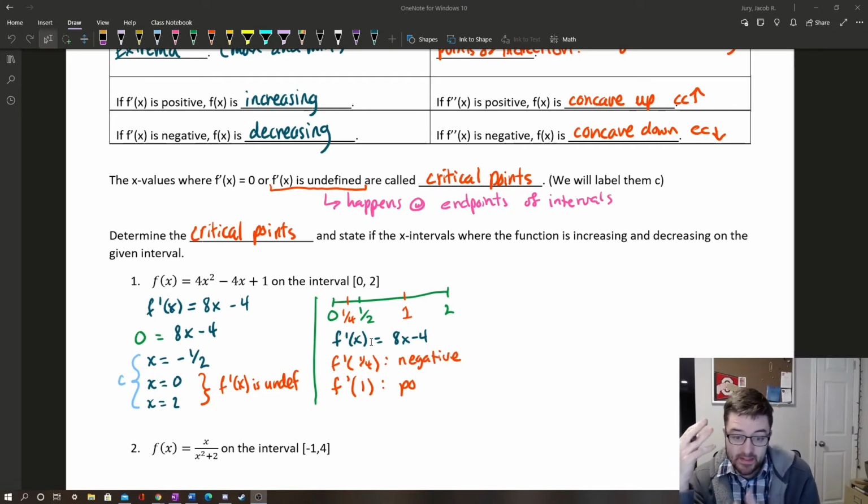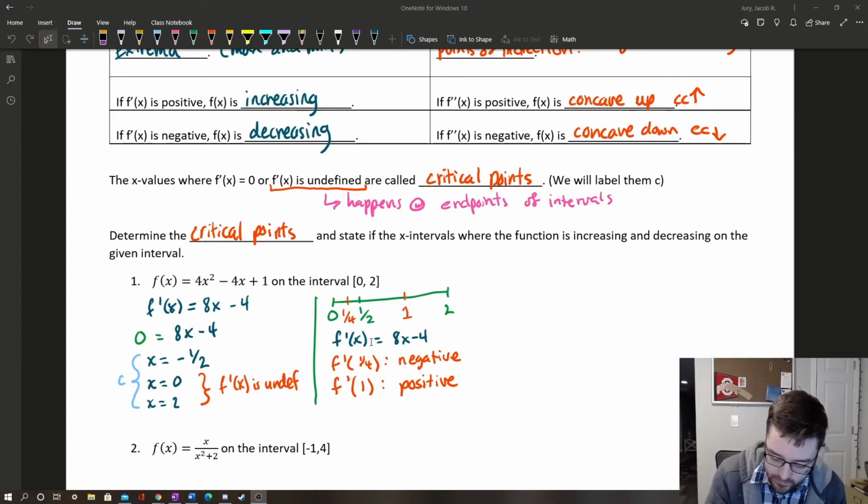So this is how we would test to see if a function is increasing or decreasing without a calculator. So that means from 0 to 1/2, our function is decreasing.